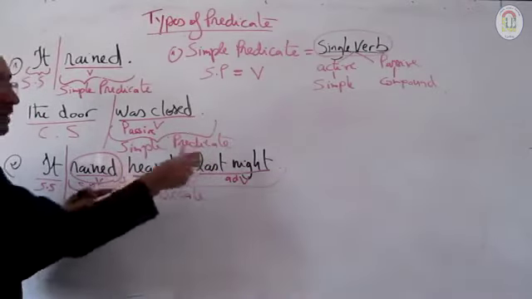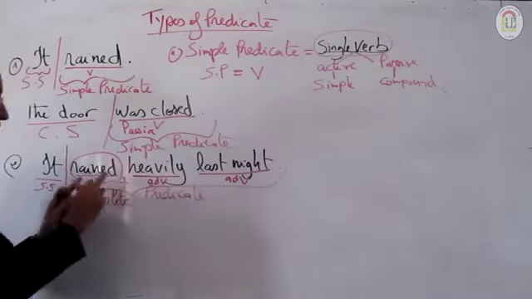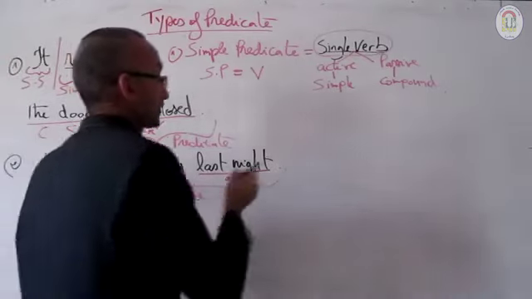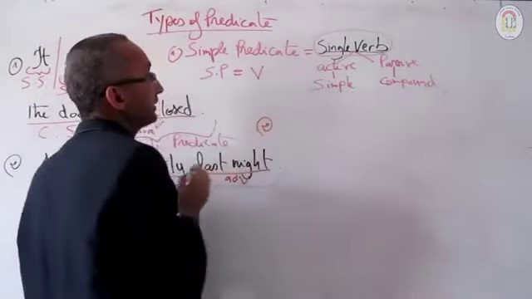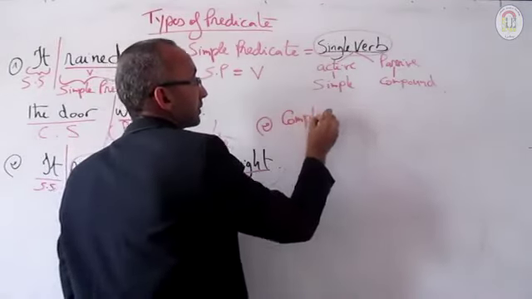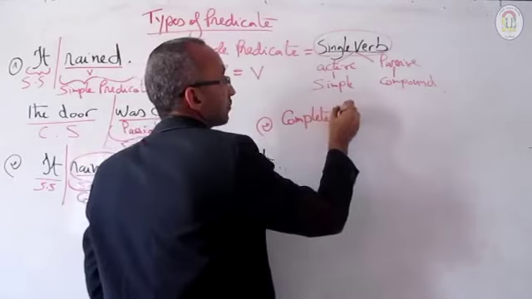What matters is that all of them should be related to this verb, not to this one. Clear? We write here, second type is complete predicate.